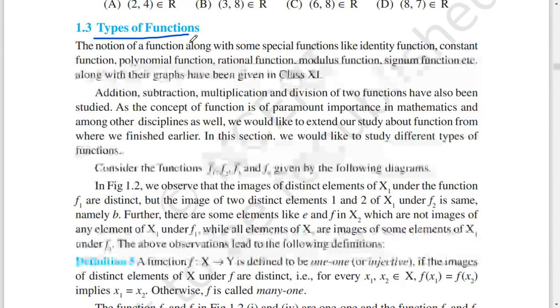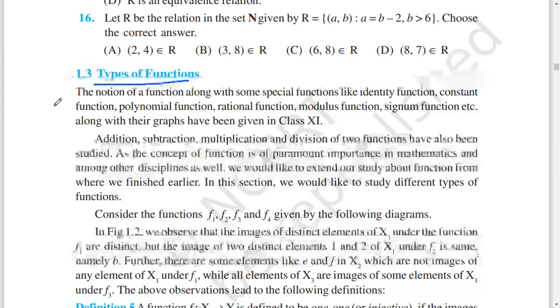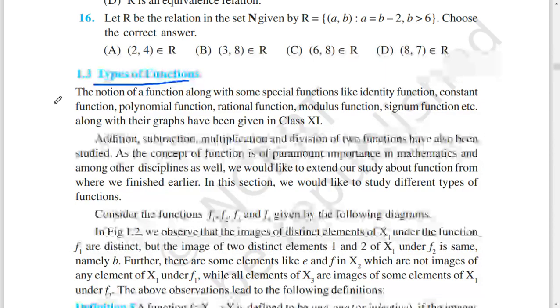Types of functions. The notion of a function along with some special functions like identity function, constant function, polynomial function, rational function, modulus function, signum function, etc., along with their graphs have been given in Class 11.